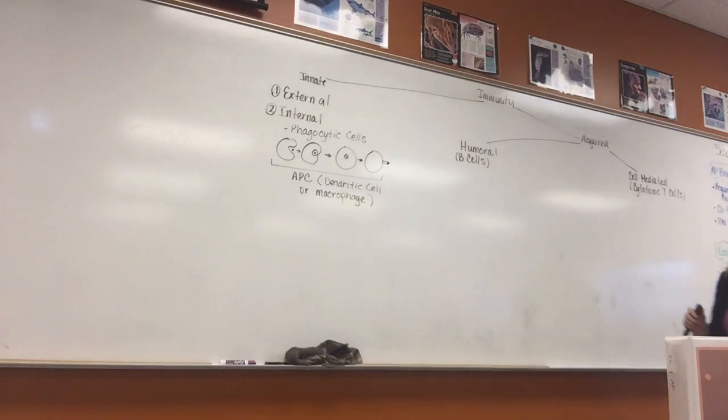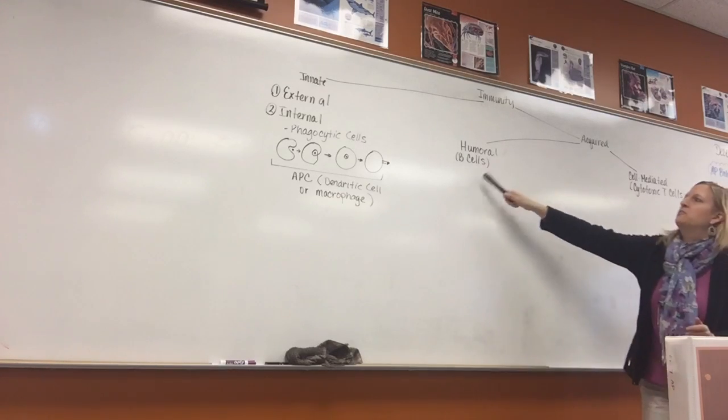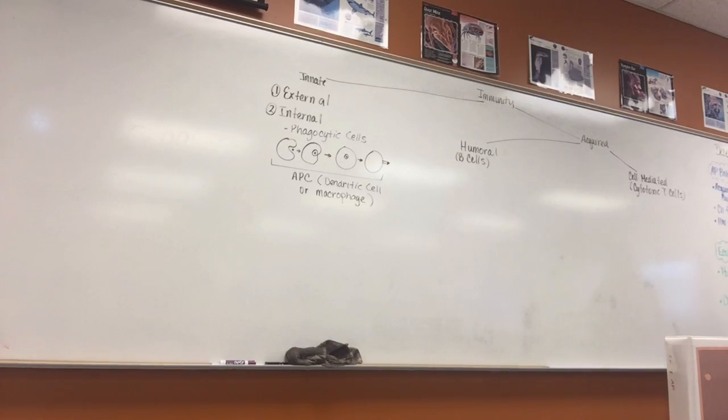we just talked about. What kind of cell helps to stimulate your B cells and your cytotoxic T cells? These types of cells are not really put into either one of those categories of immunity, the humoral or the cell-mediated, but they're very helpful in immunity.